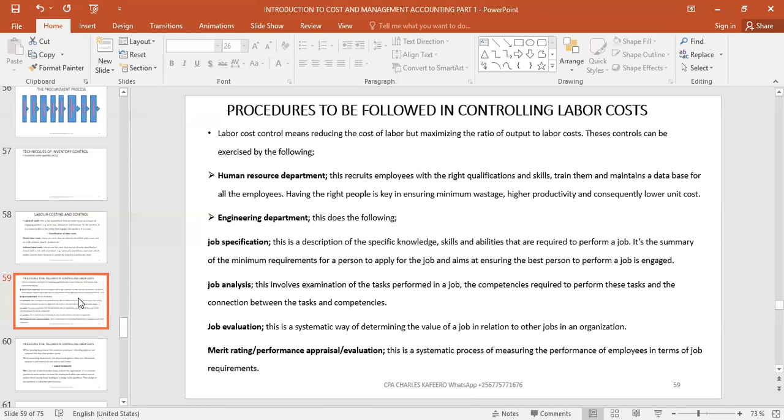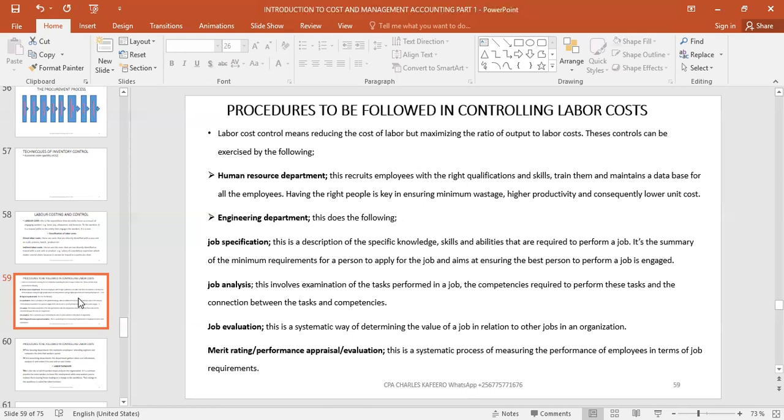We are saying having the right people is key in ensuring minimum wastages, high productivity, and consequently low costs. Because if you have the right people, who have the qualifications and the skills we need to do a certain kind of job, you may find that you will be incurring less costs because they are competent enough to do the job well. So when they are competent, their productivity is going to be a bit high.